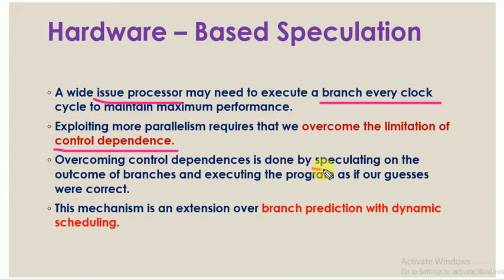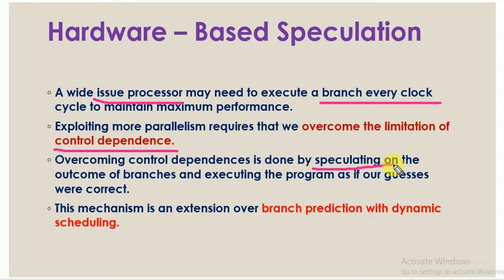As we mentioned in the branch prediction mechanism, we are following some of the possibilities that happen with branch prediction, so we are applying some speculation. We are taking guesses on what may happen with the control or branch statements present in a particular set of instructions.